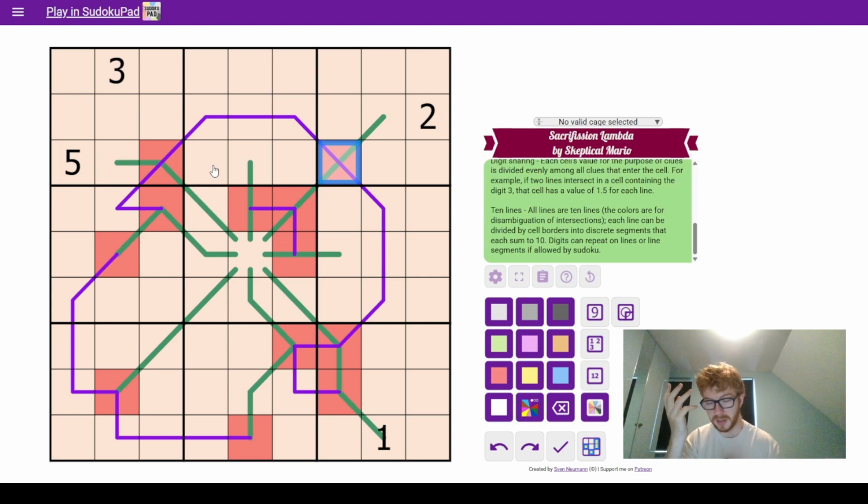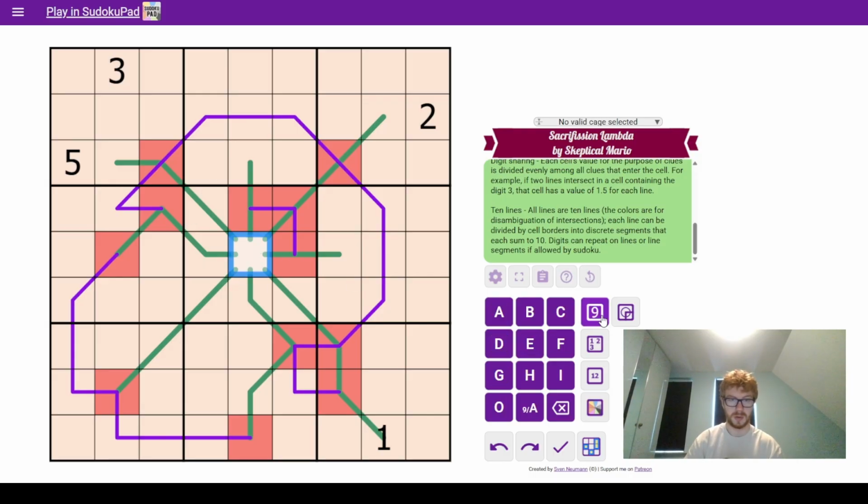So the thing is, if you divide a digit by 2, it's either going to be something and a half or a whole number, right? It's either you divide an even or an odd digit. So in this middle cell, you're going to divide by 8. So you can either end up with a half, because you need to eventually make a line a 10 line, so you have to add another half to it.